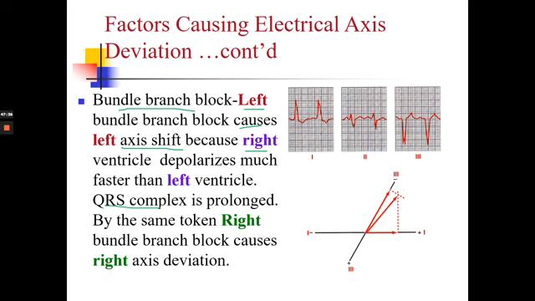QRS is prolonged. By the same token, right bundle branch block causes right axis deviation, and the same thing, prolonged QRS. Okay, in a bundle branch block, this is the case.